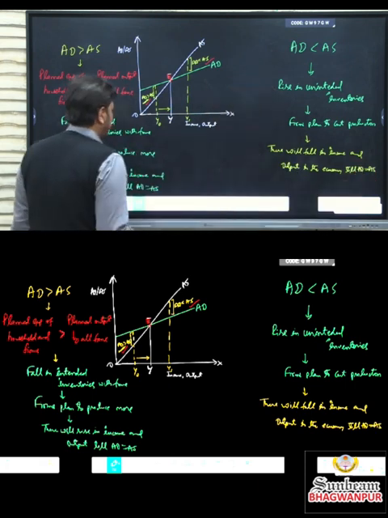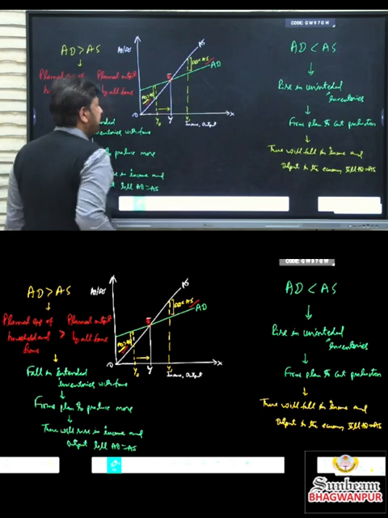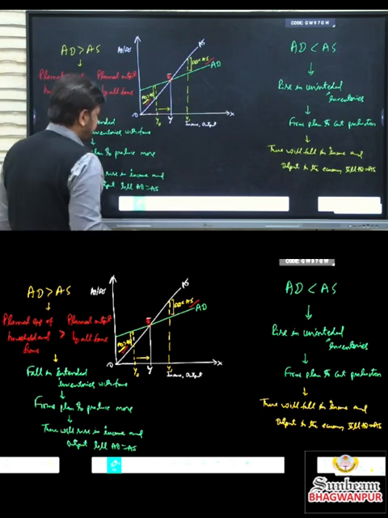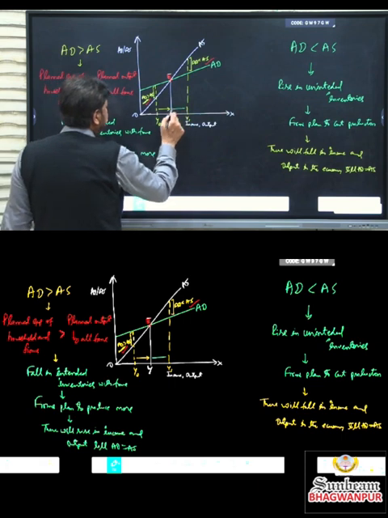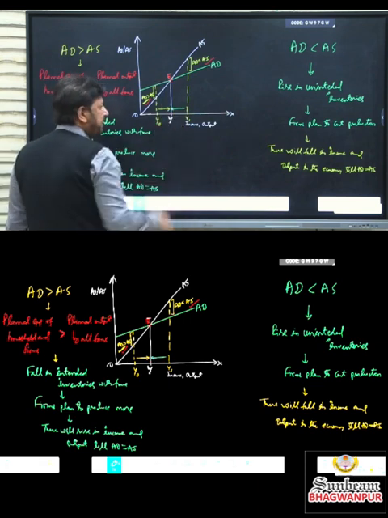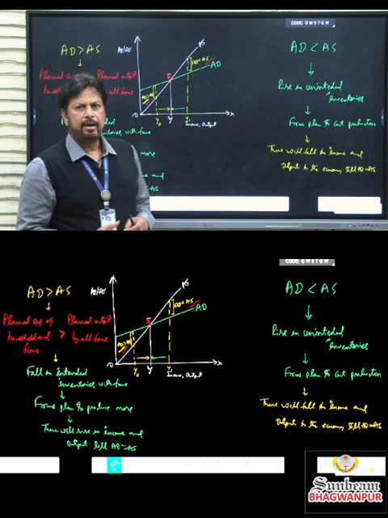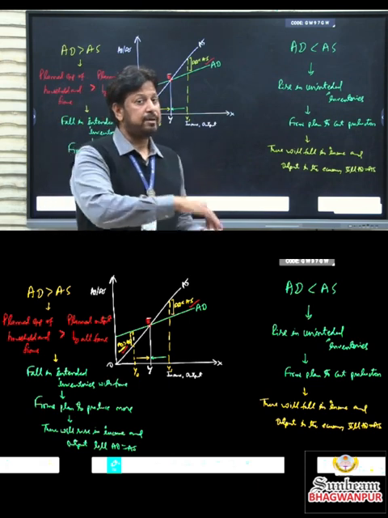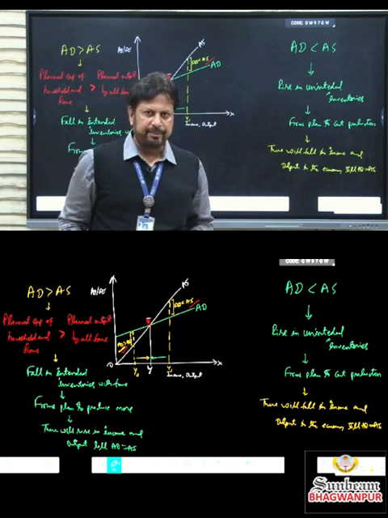So when aggregate demand is deficient relative to aggregate supply, there will be a fall in national income till AD equals AS. So it means that the economy cannot remain in the state of disequilibrium.